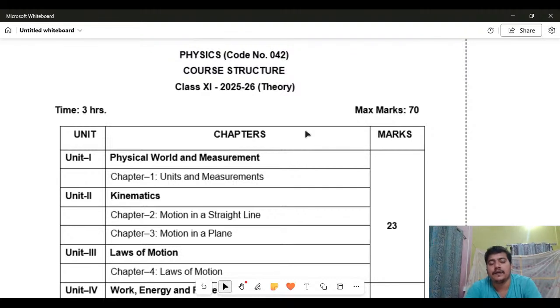And then comes the knowledge of how to read the chapters and how we can prepare for NEET, IIT and engineering exams. So you don't worry, I will guide you through all the chapters one by one.